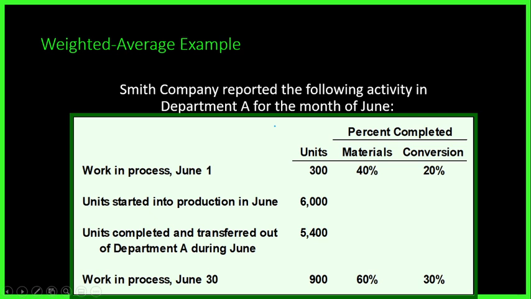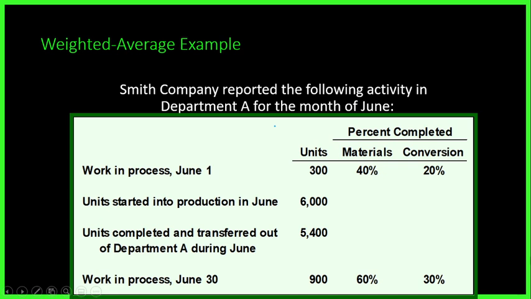It's possible, let's say, that your materials is already 100% completed or 80% completed, but your labor is only 20 or 50% completed. So that's what you call uneven application.